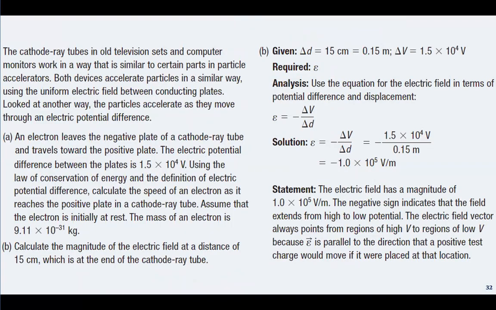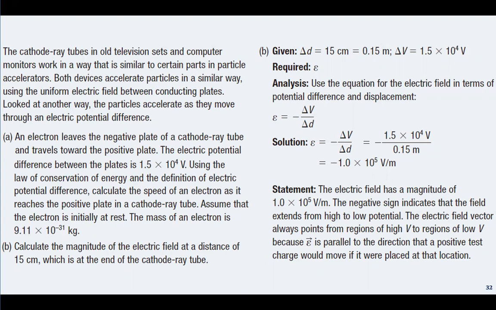So we know the equation for electric field in terms of potential difference and displacement is given by E equals negative delta V over delta d, right? In other words, the electric field strength is the electric potential difference per unit distance, right?